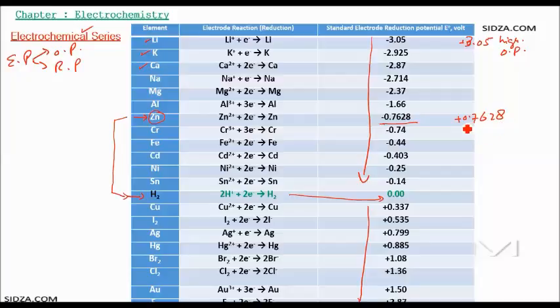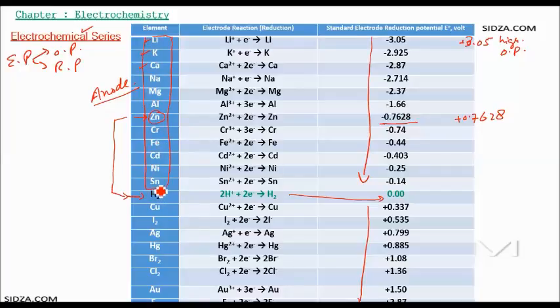So that means if you take any electrode which is above hydrogen in this electrochemical series and you connect it with the reference electrode, it will act as the anode. They will lose electrons. That's why the zinc also loses electrons to the hydrogen, because all these electrodes actually have a higher oxidation potential than the hydrogen.